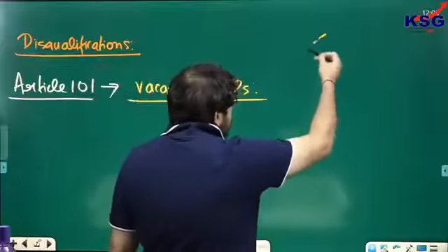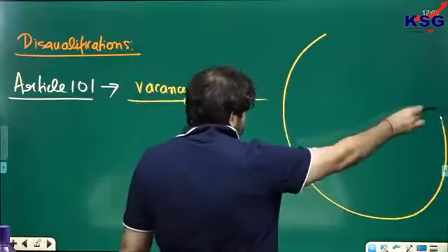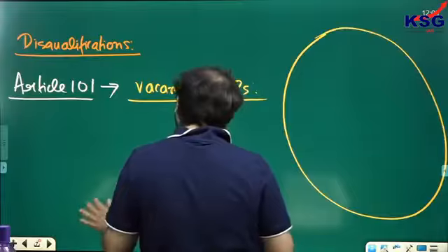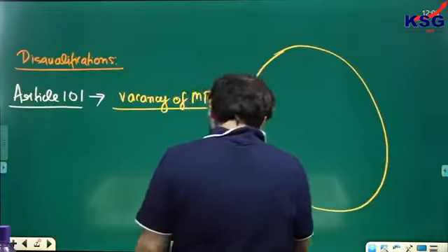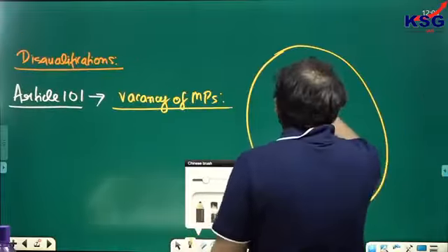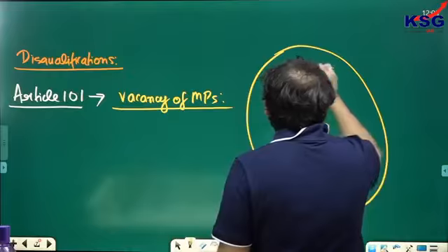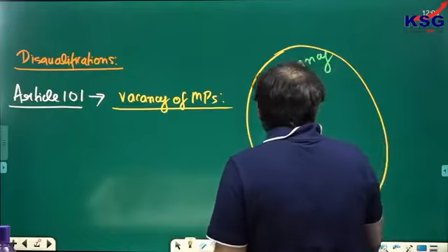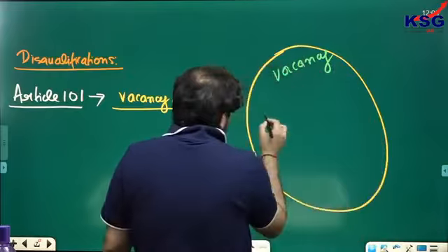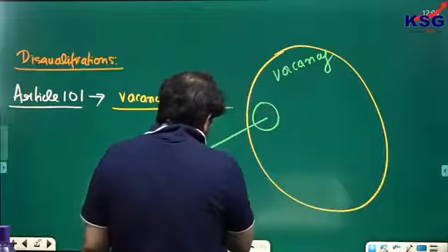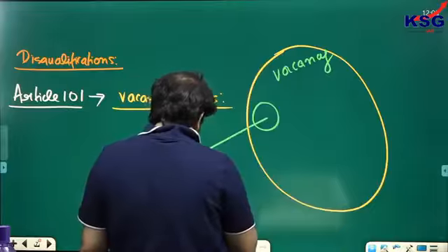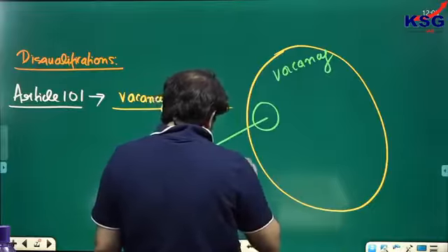The relationship between vacancy and disqualification is this Venn diagram that I'm drawing over here. Okay, you have this as vacancy. Now vacancy can be of many kinds. For example, one of the ways of vacancy is resignation.